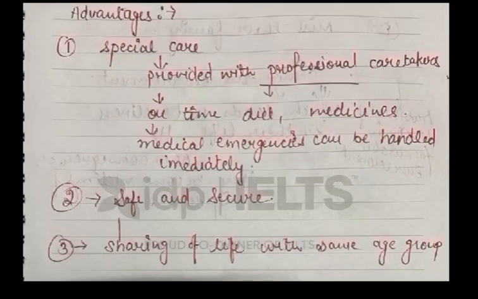See, nursing homes or retirement homes are the best example where on-time diets are provided, all kinds of medicines are available if any kind of medical emergency occurs, right? This is an age at which medical emergencies can occur immediately, so doctors and nurses are needed to take care of the person who is ill.